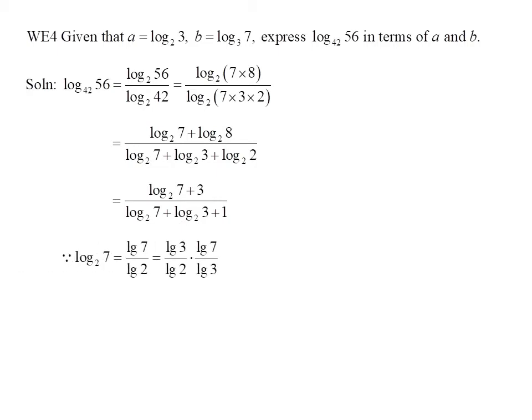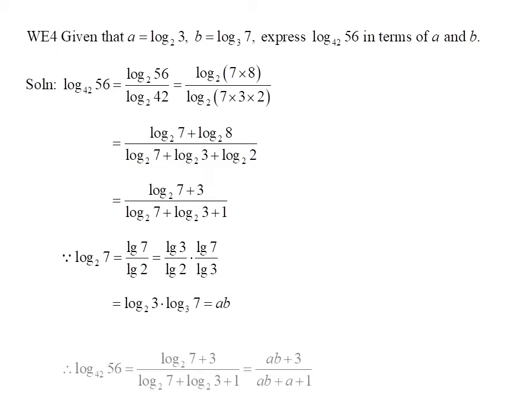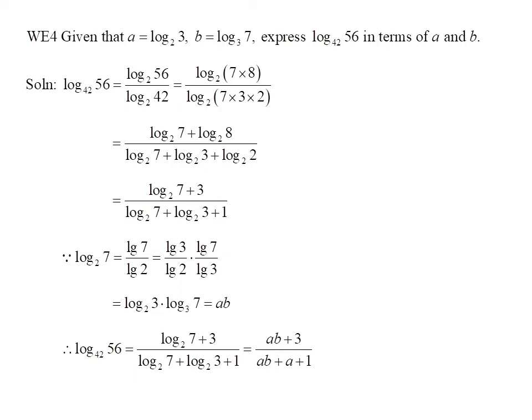Since logarithm base 2 of 7 can be transformed to logarithm base 2 of 3 times logarithm base 3 of 7, which equals ab, hence logarithm base 42 of 56 equals the quotient of the sum of ab and 3 to the sum of ab and a and 1.